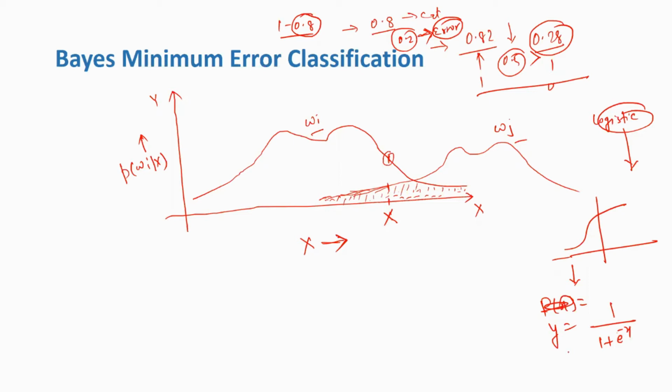What is the x here? x is just the linear predictor, equal to beta naught plus beta 1 x1 plus beta n xn. It is just a linear predictor, right? And this function, p of x equals y equals 1 by 1 plus e to the power minus x, right?